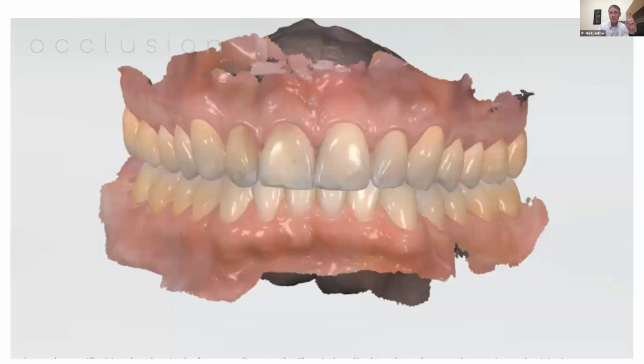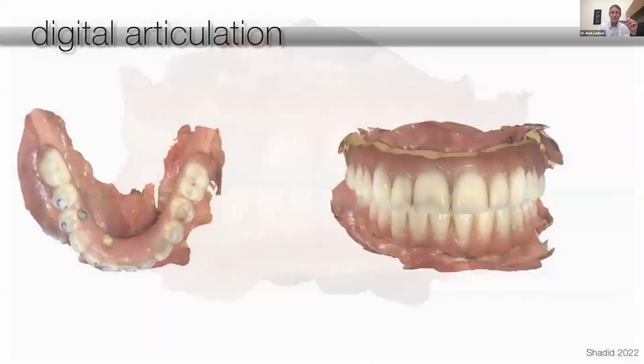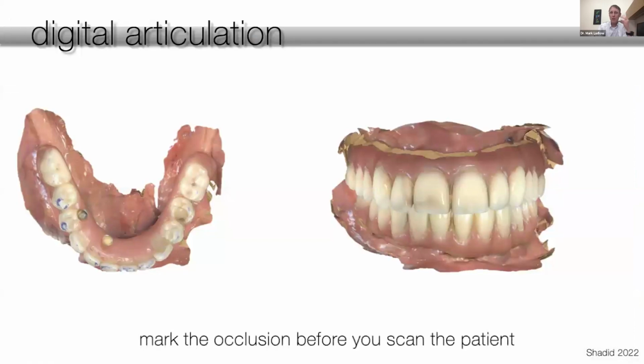Okay. Now, just a couple little words of caution and tips relative to this. With digital articulation, if you saw in that last video and you see here, with pretty much everything that I do on the opposing arch, I will always go tap, tap, tap, tap, tap with articulating paper. And then I will scan it so that we can actually see the marks on the teeth. Because the reality is all these things are in color, so we can see the marks of the paper.